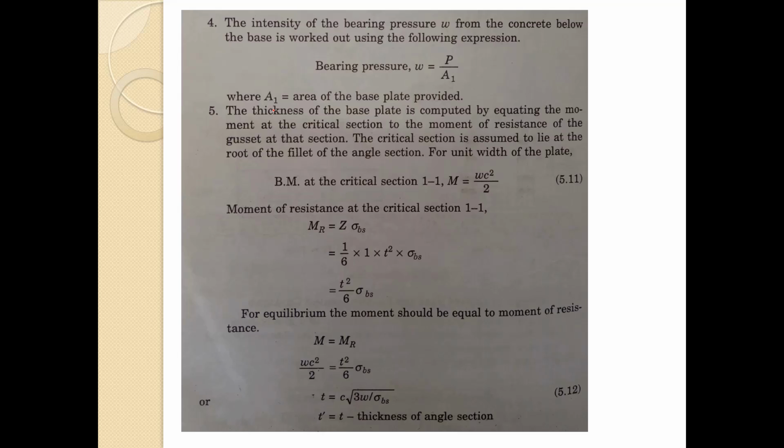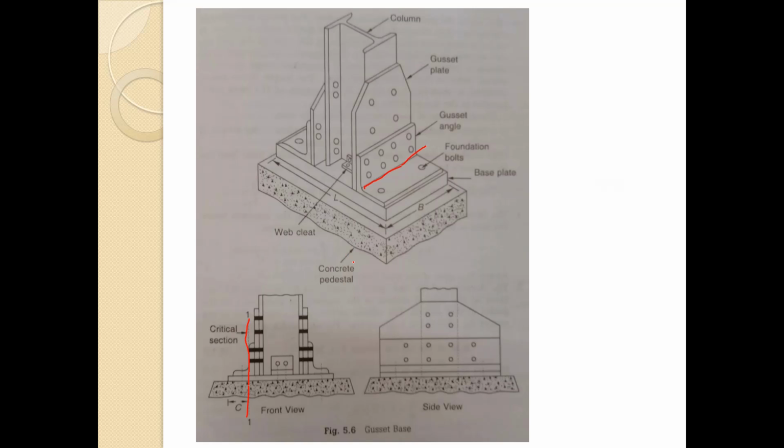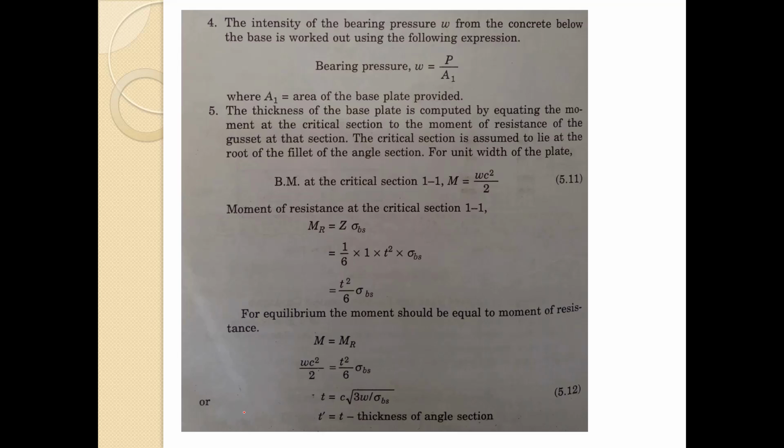The critical section is assumed to lie at the root of the fillet of the angle section for unit width of the plate. So the bending moment at the critical section 1-1, as we have seen in this diagram, and this overhang they are mentioning by C. So the bending moment at critical section 1-1, that is M equals WC square divided by 2.